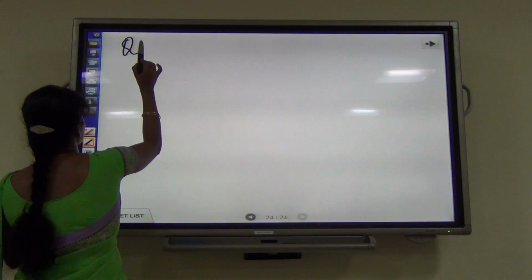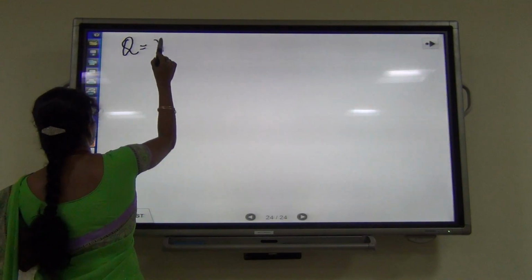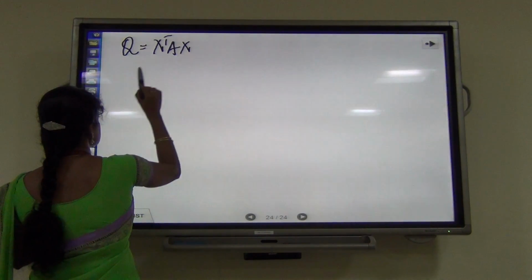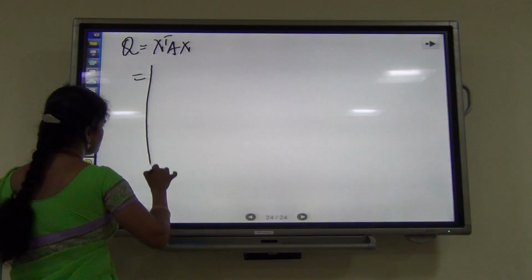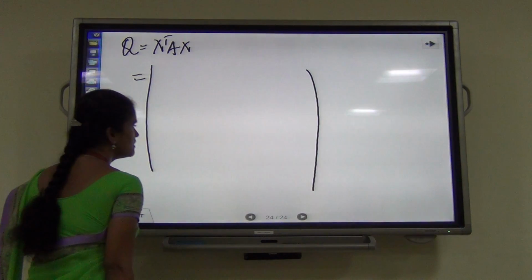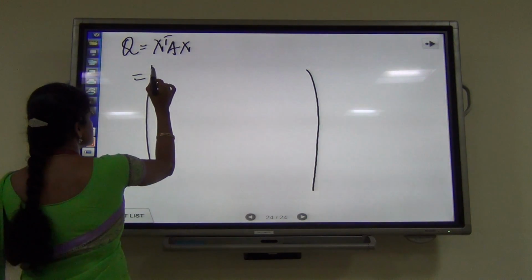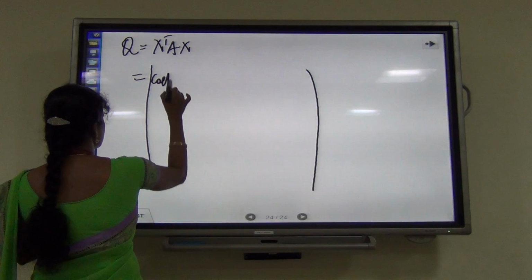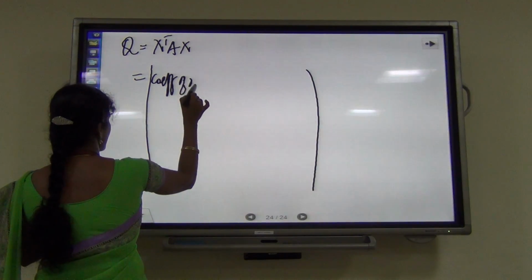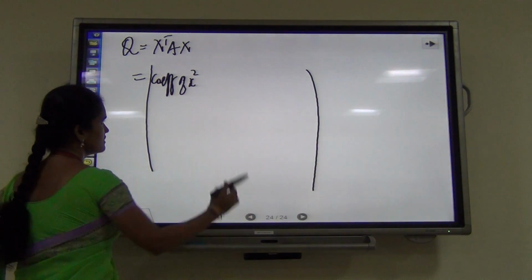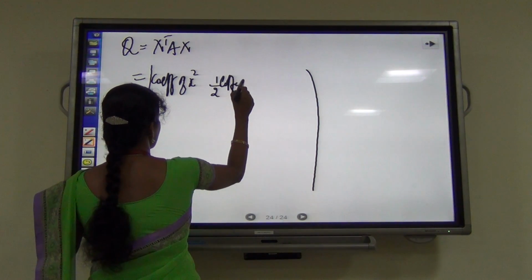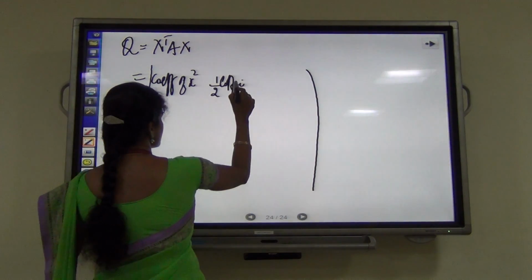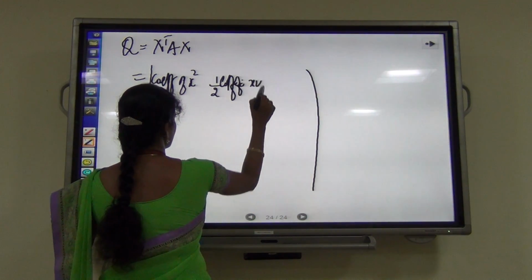You can get the matrix from the quadratic form Q = x transpose Ax by collecting the coefficient of x square, and here half into the coefficient of xy.